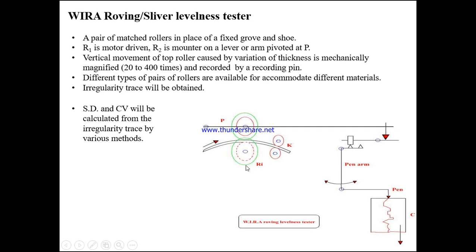There is a groove and tongue type of roller. The bottom one is the groove roller, and the top roller is the tongue type. In between these two rollers, the textile strand, that is the sliver or roving, is fed. When there is a variation in the roving, the tongue roller, which is the top roller, has a deflection.